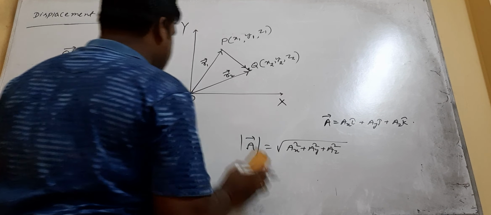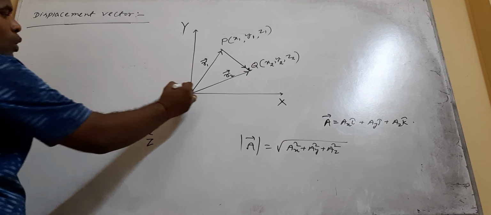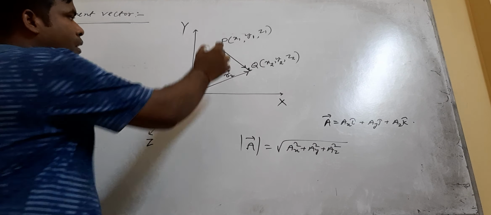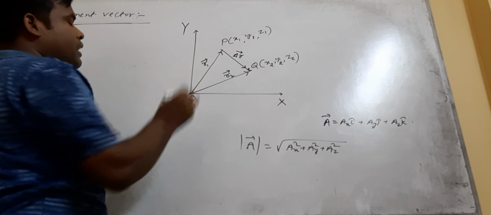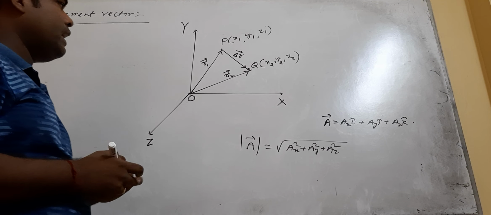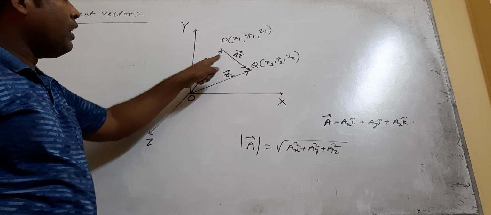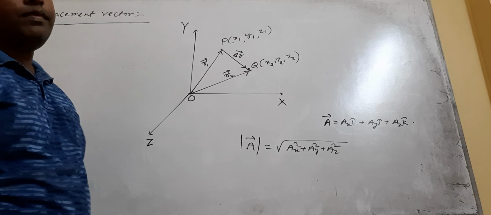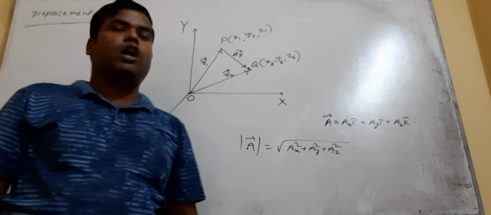Now you see the figure. OPQ is a triangle, and let PQ be the displacement vector, that is delta R. In the triangle OPQ, you see R1 vector and delta R vector are in the same order, and R2 vector is in the opposite order.